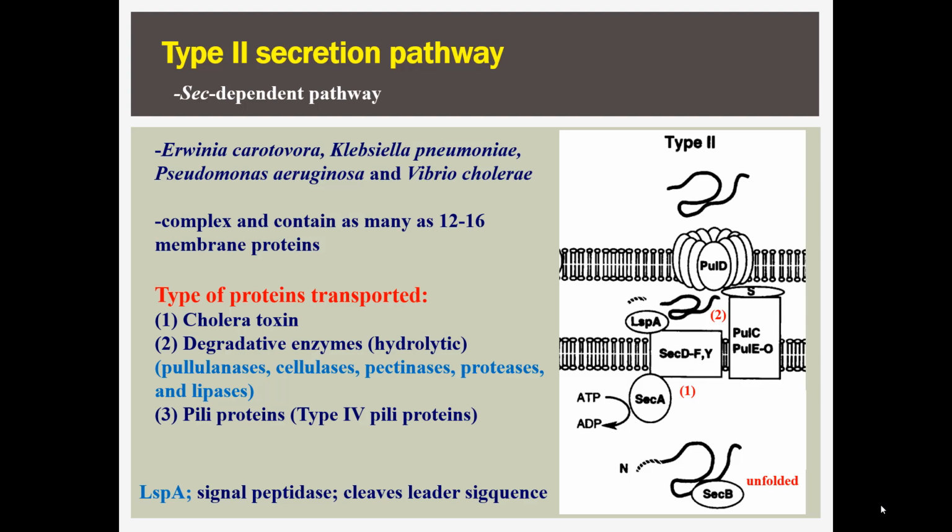Surprisingly, the proteins of the secreton are located in both the plasma and the outer membrane, with most being located in the plasma membrane. Several of the plasma membrane secreton proteins have extensive periplasmic domains. Now, PulD proteins are called secretins, and these are outer membrane channels that translocate the protein outside the cell.